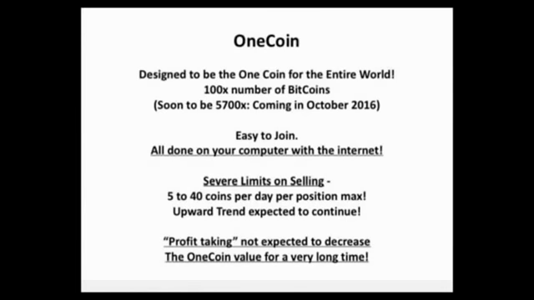They do all the mining and all that stuff. And here's a particular point that really made a big difference to me. They have severe limits on selling. You get involved with this and you get some coins, you just can't dump your position like you can with stocks. You can only sell anywhere from 5 to 40 coins per day, depending on the position that you sign up at.